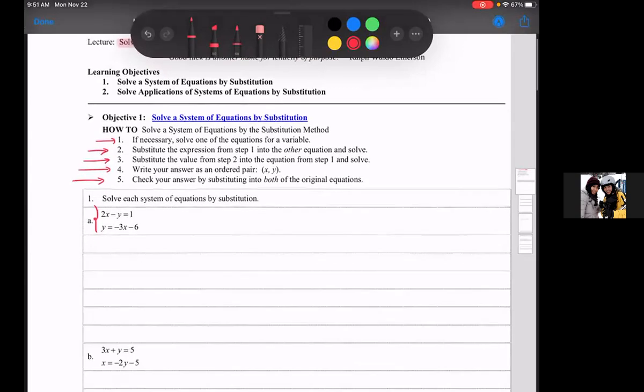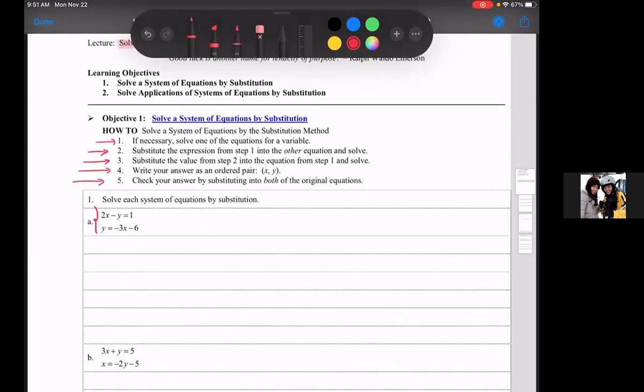So for example, 1a here, I already have y solved for in the second equation. I'm going to highlight in red. First one in blue. It's already solved for. So all I have to do is shove the red equation into the blue equation.